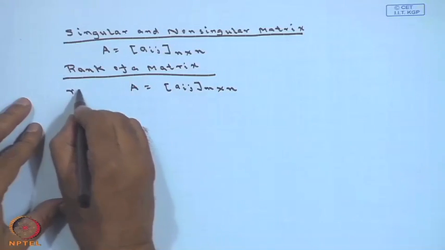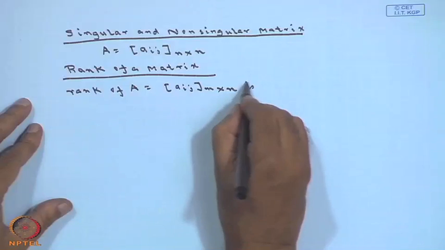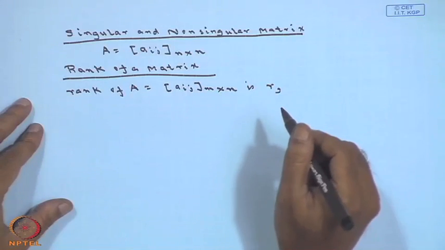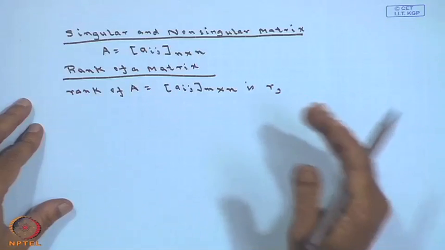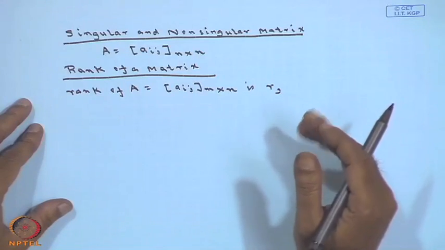We say that the rank of A is r if all square minors of order r plus 1 or above are singular and there exists at least one minor of order r which is non-singular, that is, whose determinant does not vanish. That we call the rank of a matrix.